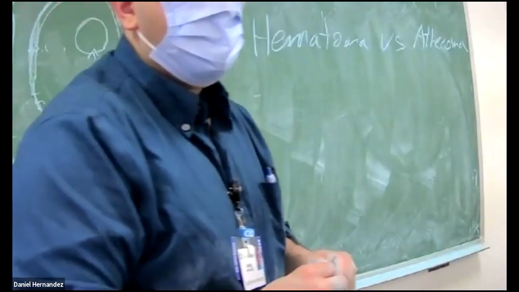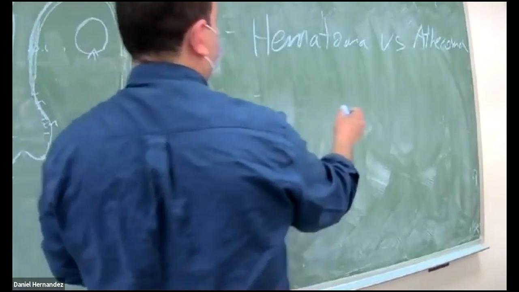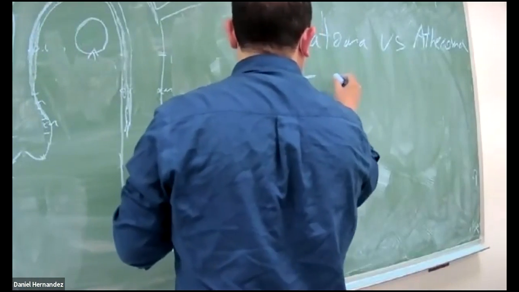Atheroma will usually have intimal thickening as well as calcifications within the wall. So that's how we can differentiate the two.